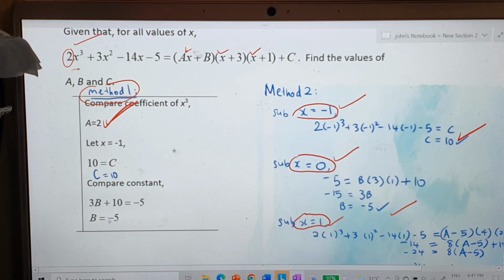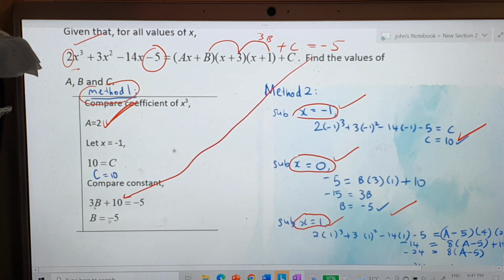Another very fast one is, can you see that the number on the left must be equals to this number times this number times this number, add to this number. Meaning 3b plus c. 3b plus c must be equals to -5. That's what we have here. 3b plus c equals to -5.